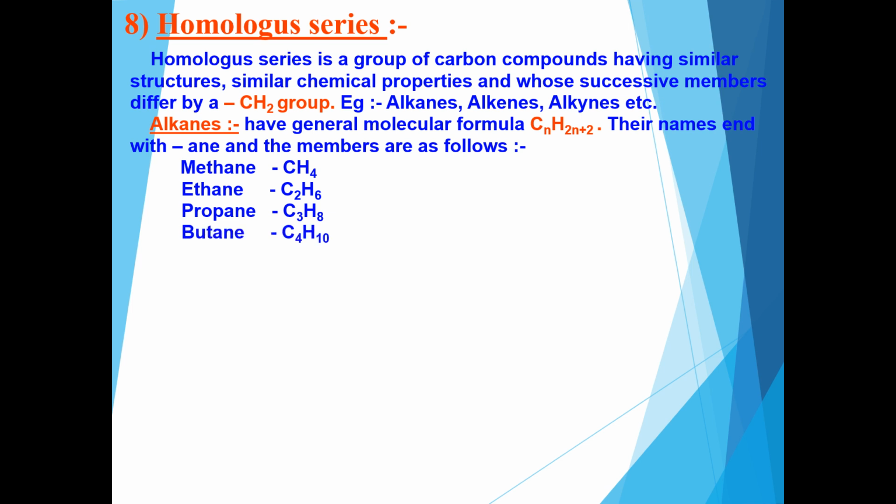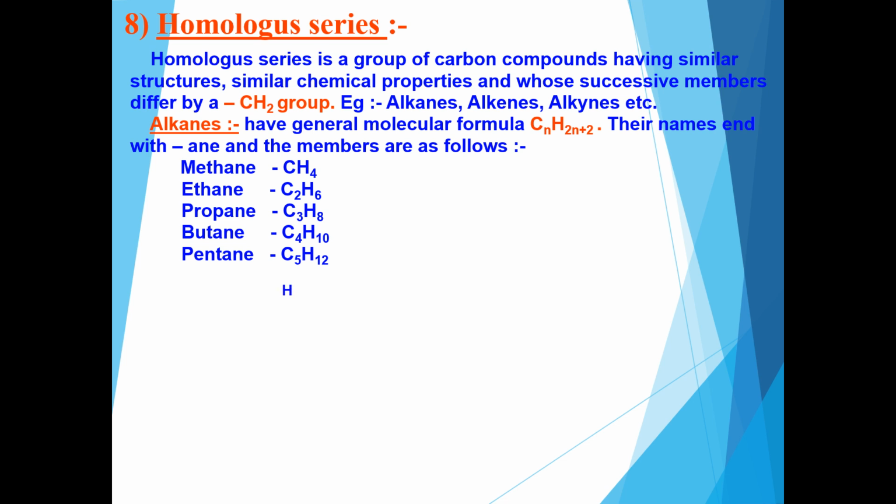If n value is 3, by filling in the formula CnH2n+2, C3H(6+2), 8. Propane will have formula C3H8. Butane will have C4H10. Pentane will have C5H12, and so on.